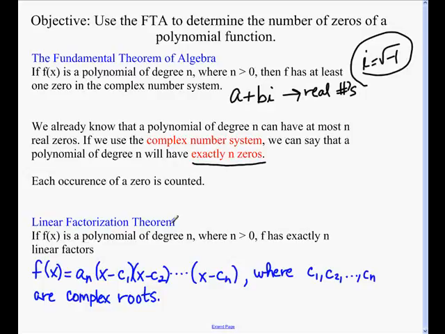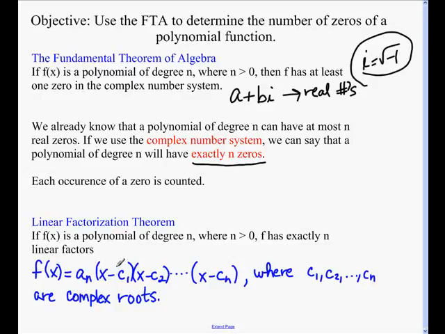Linear factorization theorem is something that falls from that, and it says that if f of x is a polynomial of degree n where n is greater than 0, f has exactly n linear factors. And we kind of knew that, right? We talked about that if x equals c is a 0, then x minus c is a factor.